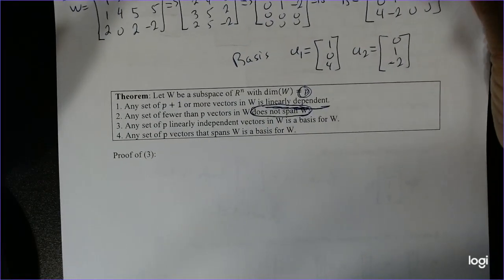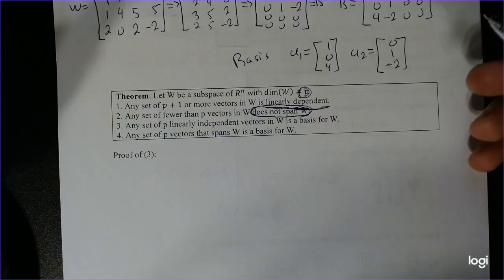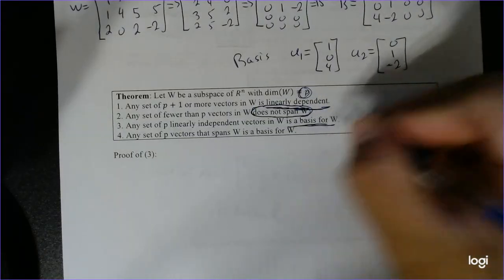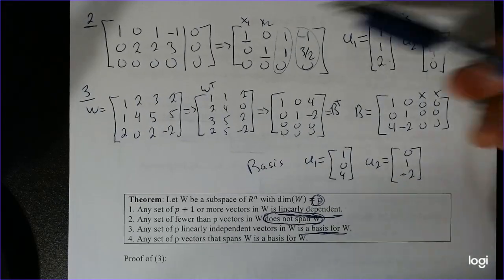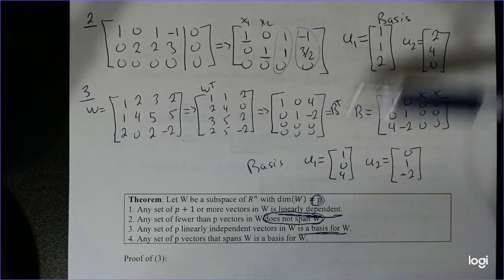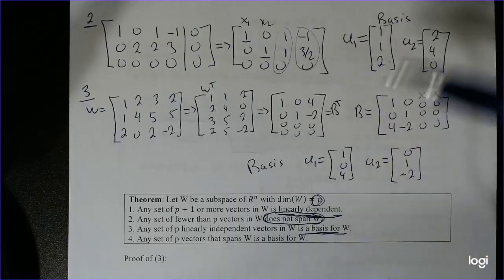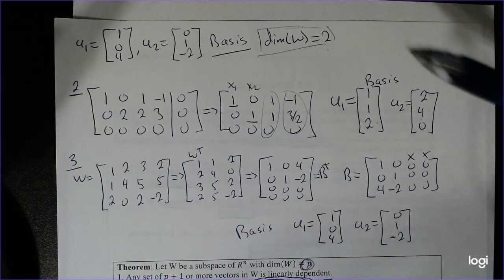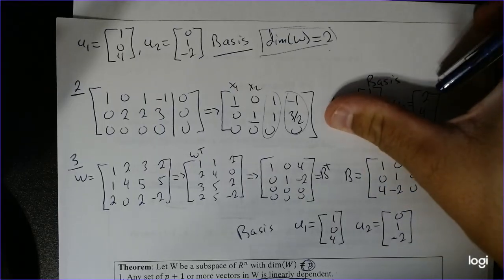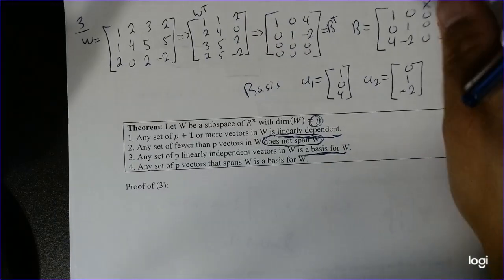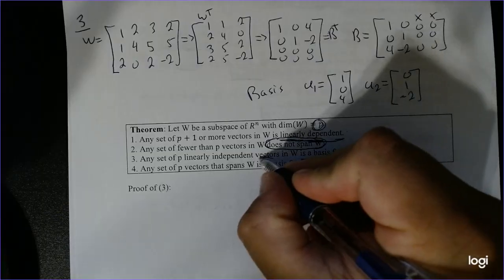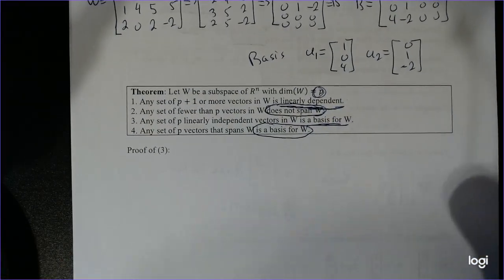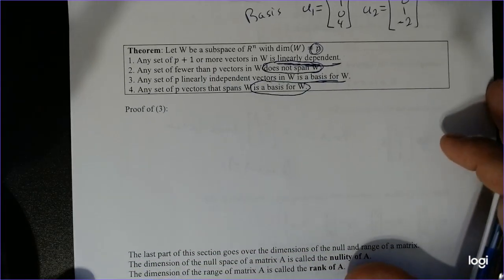And then the last two represent linear independence. So number 3, any set of P linearly independent vectors in W is a basis for W, and that's what we proved, right? So these are all linearly independent of each other, hence they are bases of W, right? Three different ways, eventually, but two different types of bases respectively. Okay. And then finally, number 4, any set of P vectors that span W is a basis of W. And that's an interesting one there.